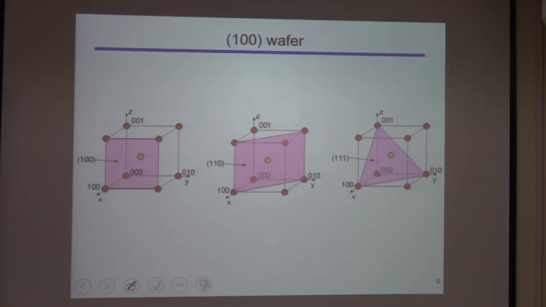What are those three kinds? 1, 1, 0; 0, 0, 1; and 1, 0, 0. Again, can you give me the three types of wafer?